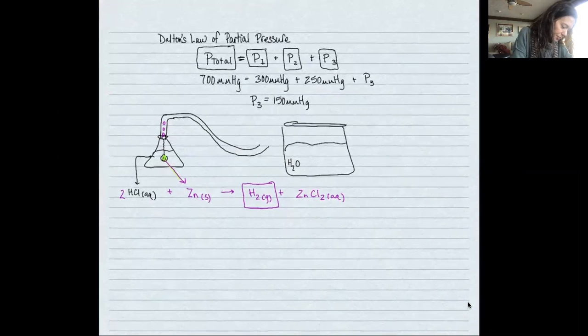But let me get this out of our way. We would take a graduated cylinder, and I would have you fill it up with water, and I would tell you to turn it upside down real quick. And what we would end up with is this graduated cylinder here.